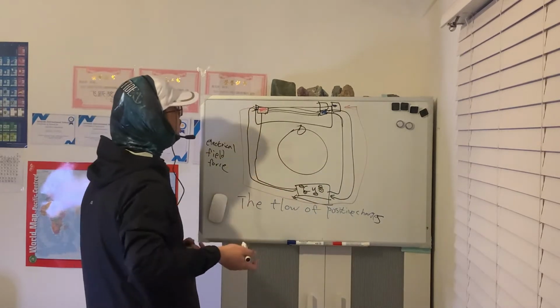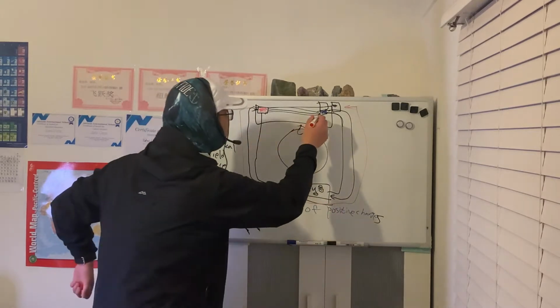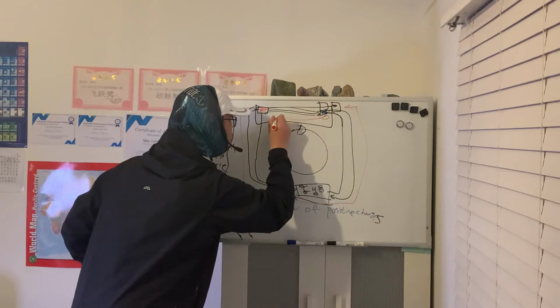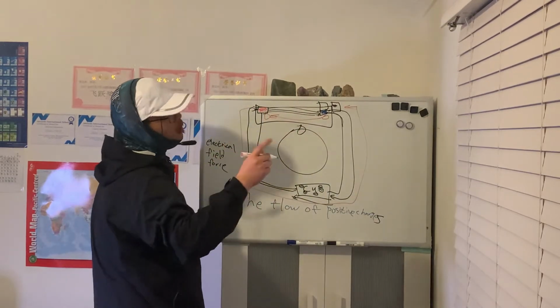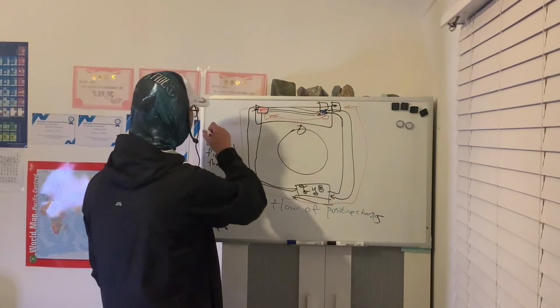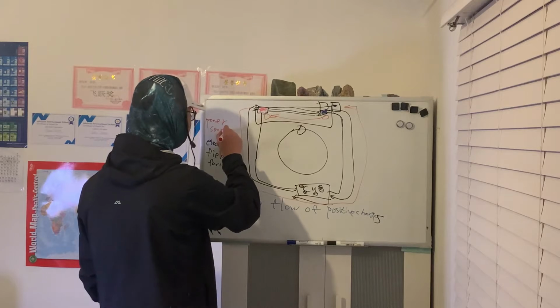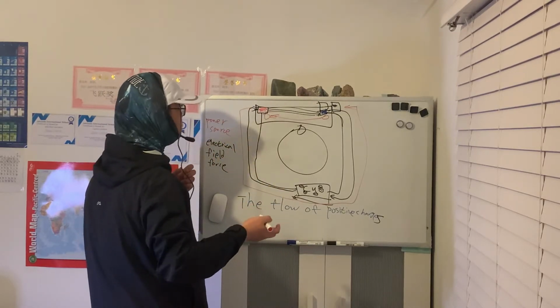It's not going to work. So how do these positive charges come from the negative end towards the positive end? The answer is the power source. That's why it is called a source, because it applies power.